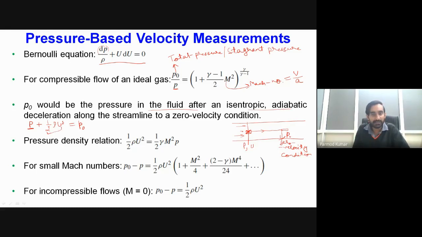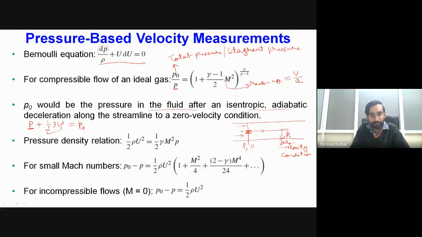Okay, so you can see over here that while you are placing some obstruction to the flow, because of that obstruction we are having isentropic and adiabatic deceleration of the fluid particle along a streamline, particularly to a zero velocity condition. In that case, what will be happening?